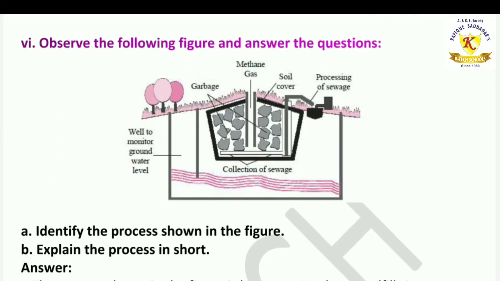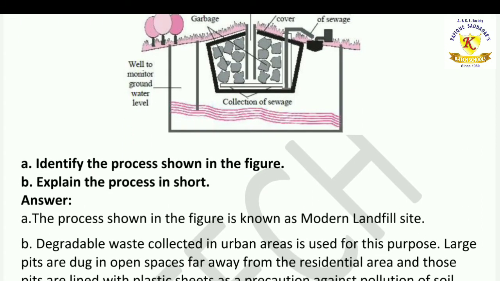Sixth one. Observe the following figure and answer the question. First, identify the process shown in the figure. So what is the process? The process shown in the figure is known as modern landfill site.